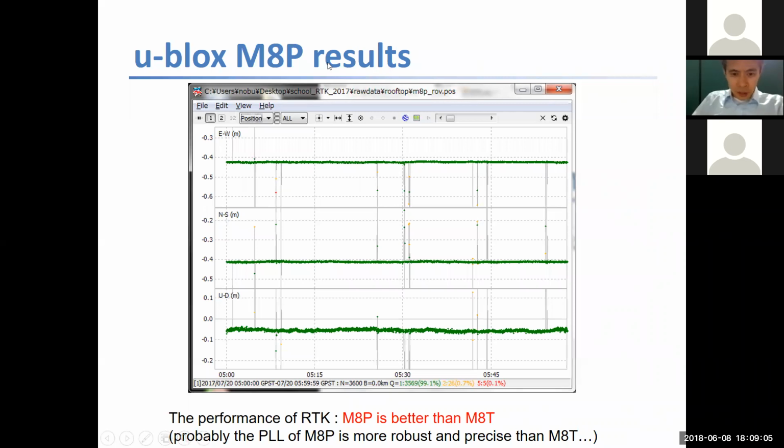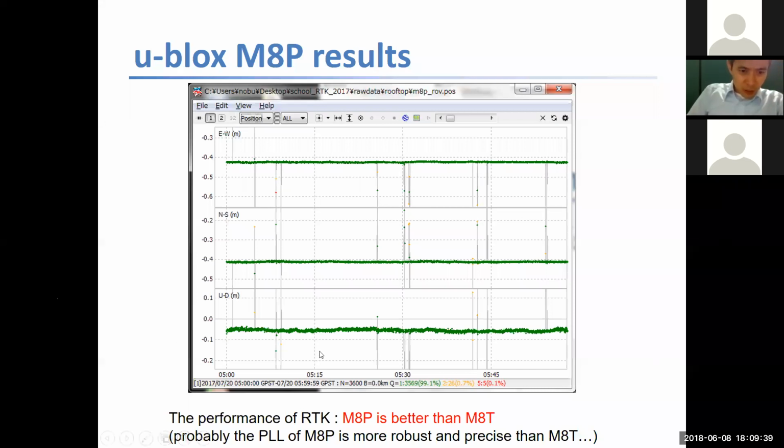The base station is NetR9, the rover stations are M8P and NetR9. And this is the result of the u-blox M8P. You can see horizontal EW and NS and UD seem to be very good. I'm sorry, the baseline is not 10 meters, it's within 1 meter.